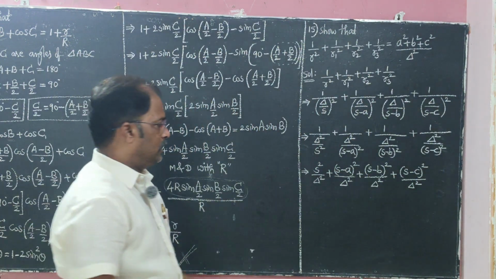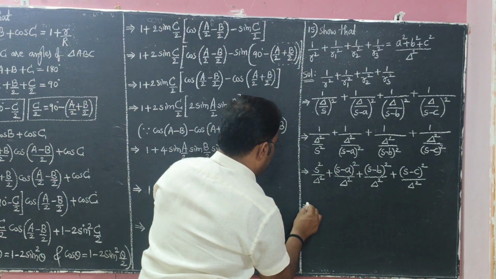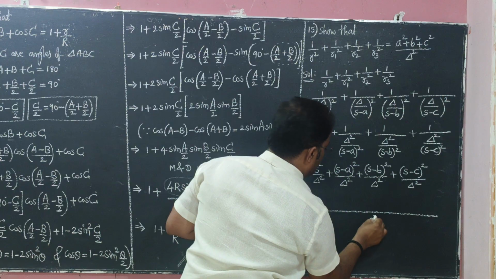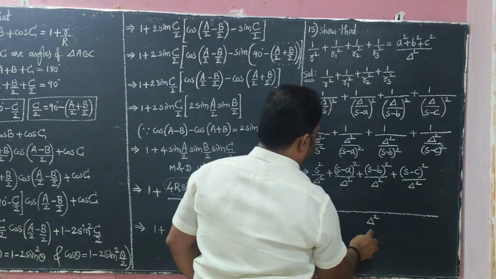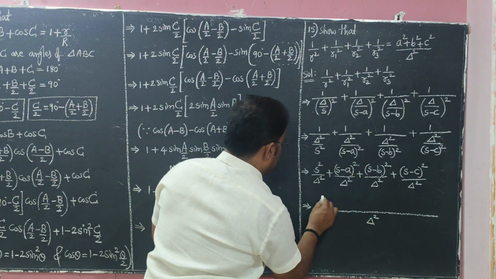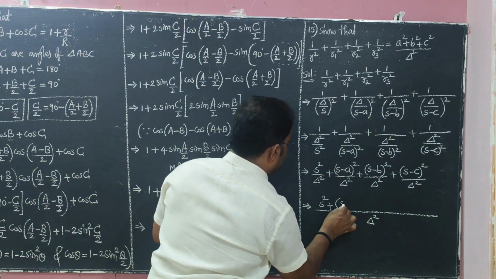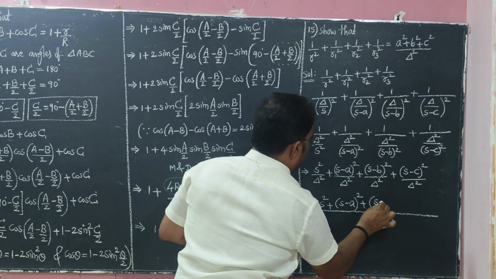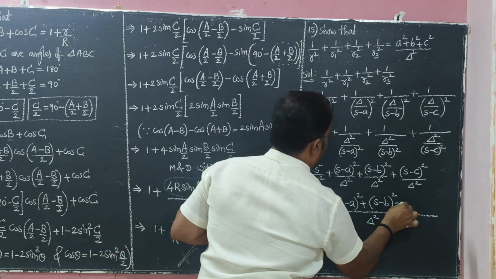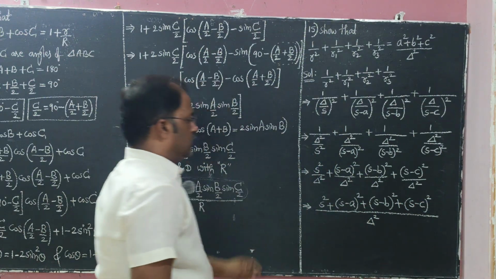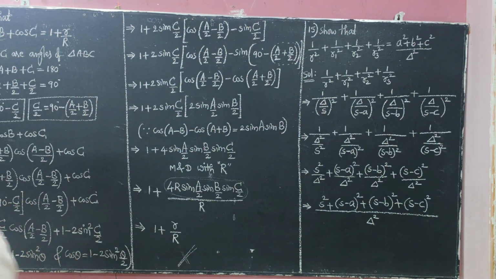Reciprocal. Clear? And what is the LCM? Δ². So the denominators' LCM is the same, Δ², write the numerator as it is: s² + (s minus a)² + (s minus b)² + (s minus c)². Clear? Right? Next slide.